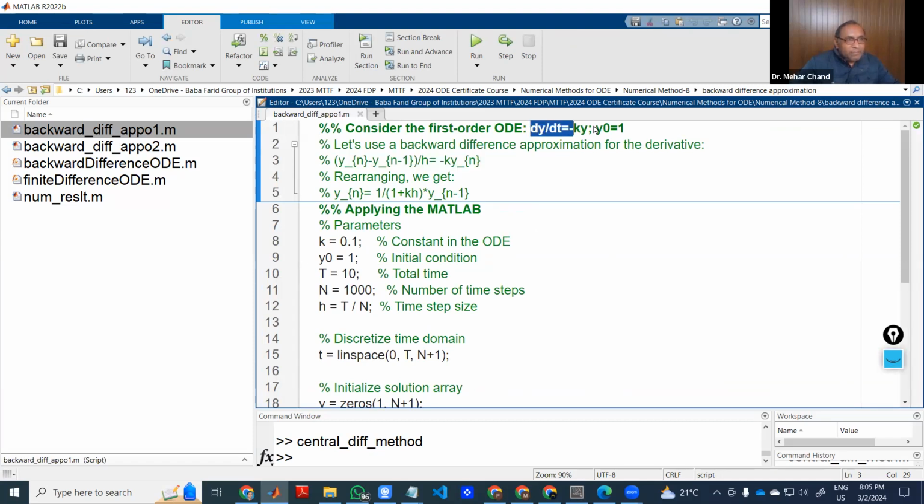We are choosing the example dy/dt equal to minus ky, with y(0) equal to 1 as the initial condition. We convert the equation using dy/dt equal to (y_n - y_{n-1})/h equal to minus k y_n, and rearranging, y_n is equal to 1/(1 + kh) times y_{n-1}.